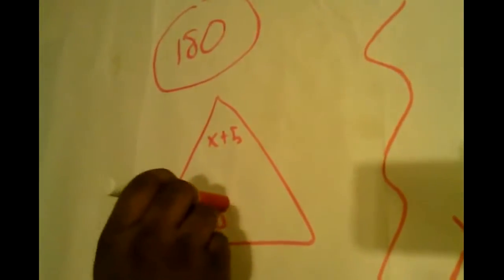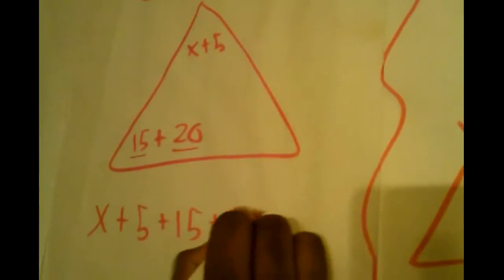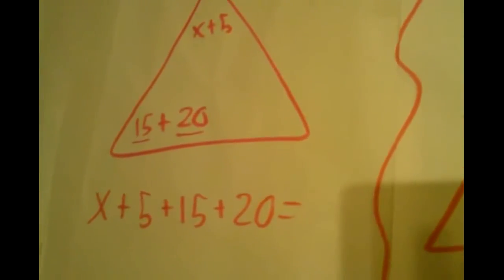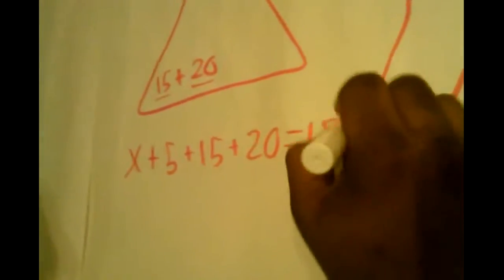When you have a problem like this, everything inside the triangle is equal to 180. So you have x plus 5 plus 15 plus 20 is equal to what? Jayla? 180. Good job.